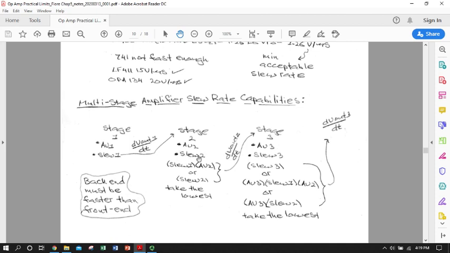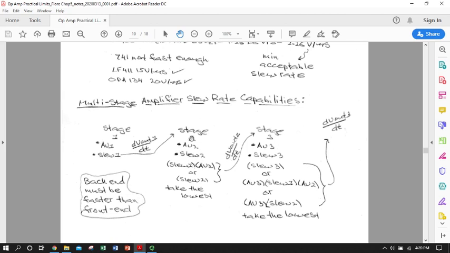Presumably, either one is going to be bigger than the original input signal that came into stage 1, and that's going to be ported over to stage 3. So you can see the little if-or that takes you through. But basically each stage has to be able to respond to a voltage per unit time change that's equal to the original signal times the gain of all the previous stages, or the max slew rate returned by the previous stage.